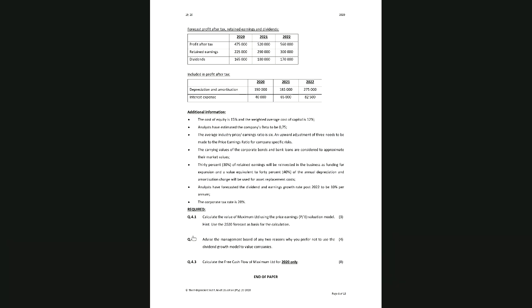And then 4.2, again, now you're going to put your thinking hats on and do some analysis so that you can advise the management board of any two reasons why you prefer not to use the dividend growth model to value companies. Okay, so here you have chosen to use the PE valuation model as opposed to the dividend growth model, and you have to explain two reasons why you have done that, or two disadvantages to using the dividend growth model.